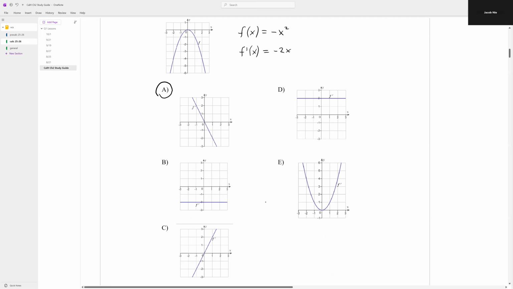And then we also know that when x is equal to 0, the tangent line has a horizontal slope. And so we know that the derivative must be 0 when x equals 0. And finally, when x is positive, we know that the tangent lines are all negative sloping. And so that means the derivative must be negative. And if you had compared all of the graphs with those facts, you would have found that only graph A satisfies those three criteria.